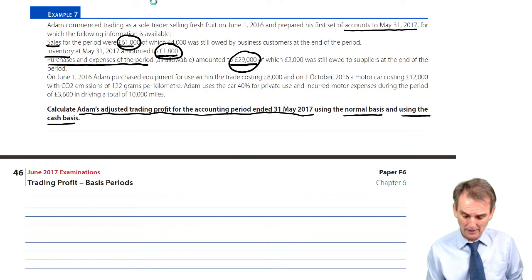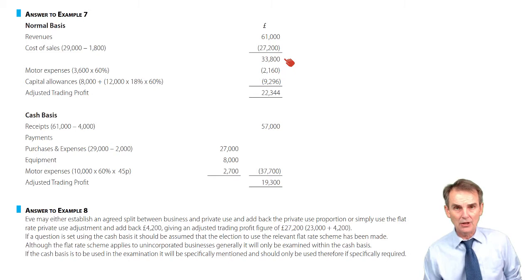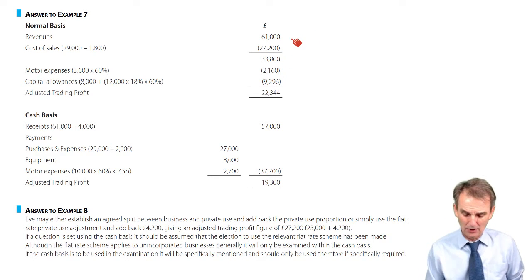And again, if we look quickly at the answers, we will see there is your revenue figure, the sales, there's your cost of sales, your purchases and expenses less the closing stock, and thus you get a gross profit, from which we then need to deduct the expenses as they would be for taxation purposes.